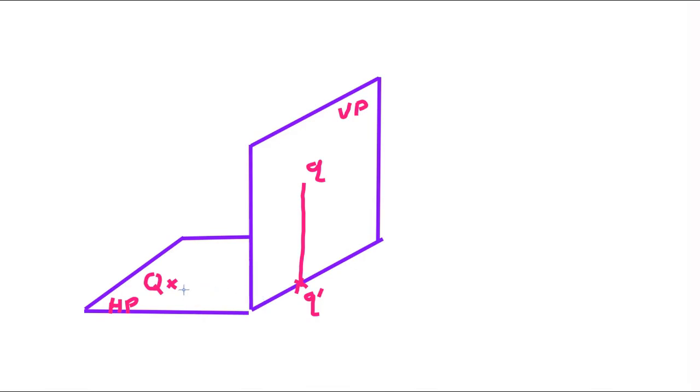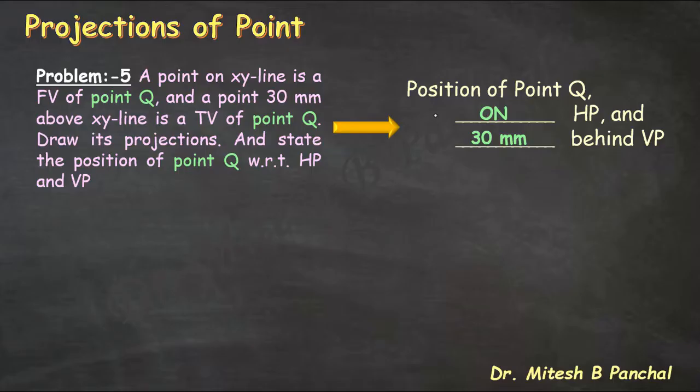And it is behind VP. If point Q is behind VP, then when we rotate the HP in clockwise direction about 90 degrees, the top view of point Q will go above XY line. Considering this, position of point Q is on HP and 30 mm behind VP.